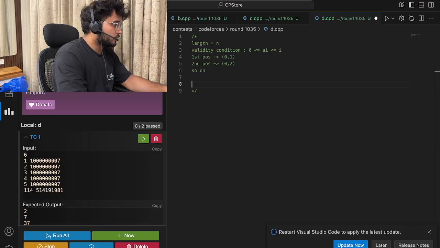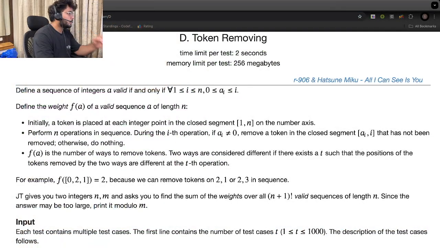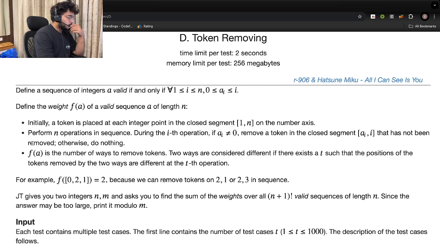Let's move back to the question. Next it says to define the weight f(a) of a valid sequence. Initially a token is placed at each integer point in the closed segment 1 to n. So every index has a token initially. Perform n operations in sequence, which means 1, 2, 3, and 4, like in this sequence.